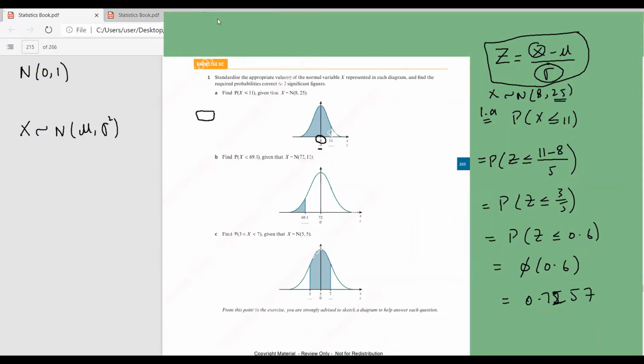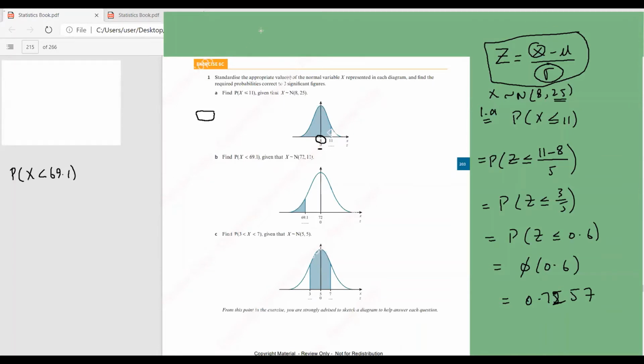It says find the probability x is less than 69.1. So you have to find the probability x is less than 69.1.